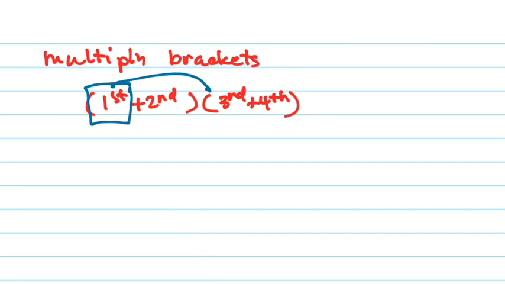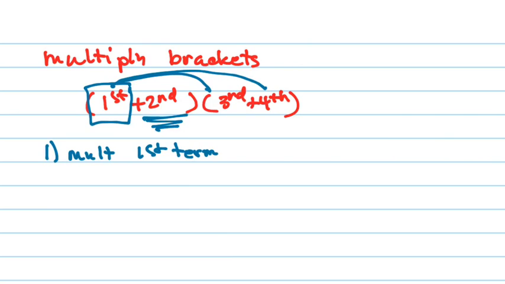I'm going to use it times everything in the second bracket. Then I'll move to the second term. Okay? So first, multiply the first term times every term in the second bracket.